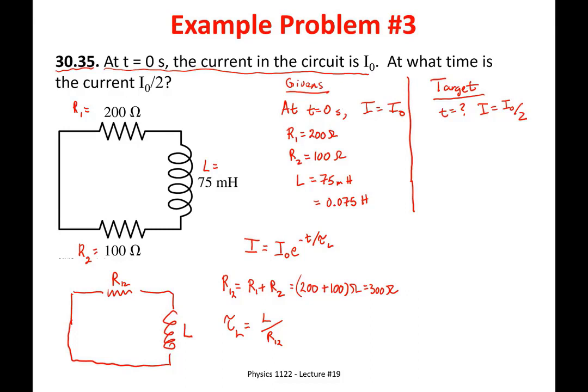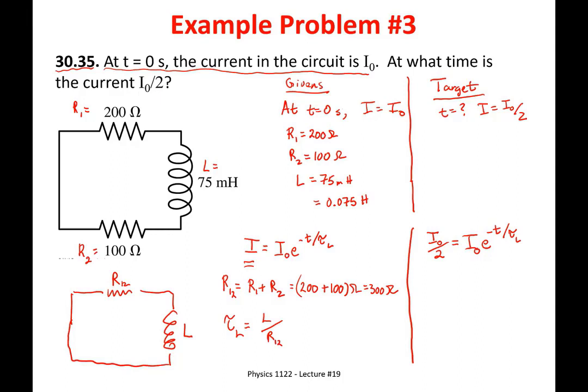And then the question is, we want to figure out how long it takes for the current to reach half of its initial value. So we would have I naught over 2 is equal to I naught e to the negative t over tau sub L, and our goal is to solve for t, the time that it takes for the current to go to that value.